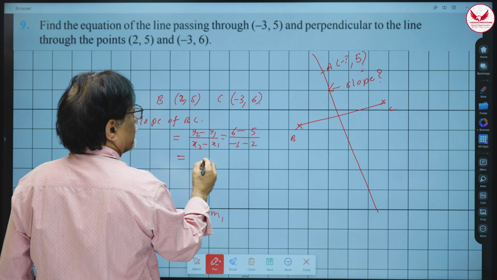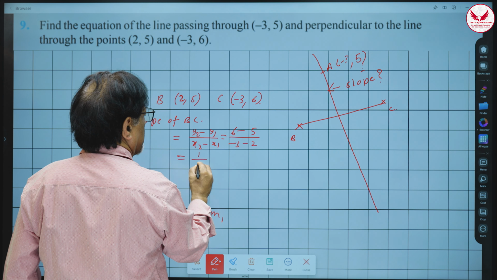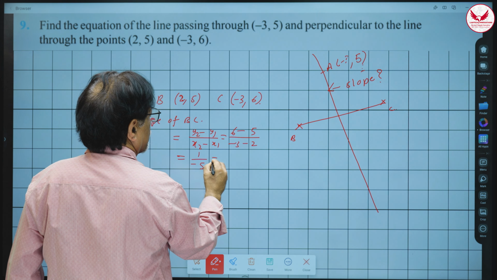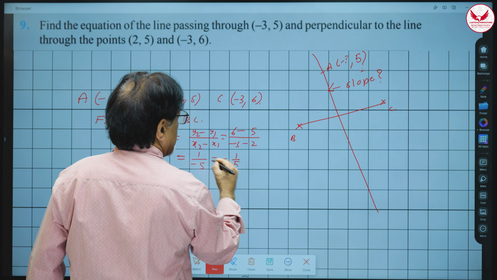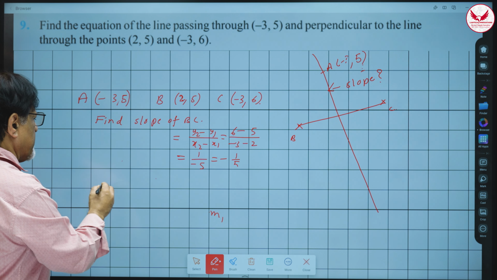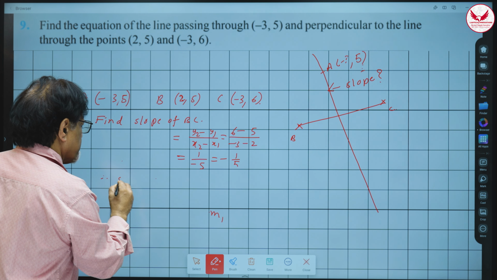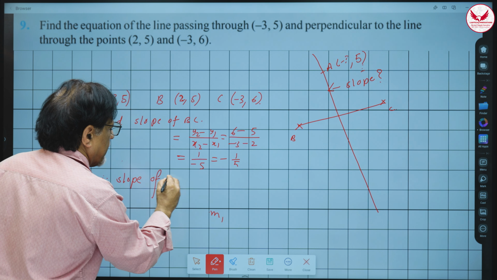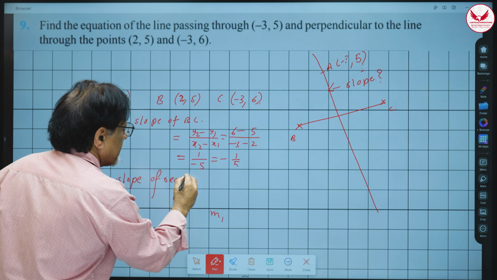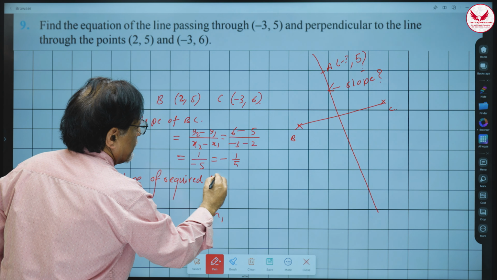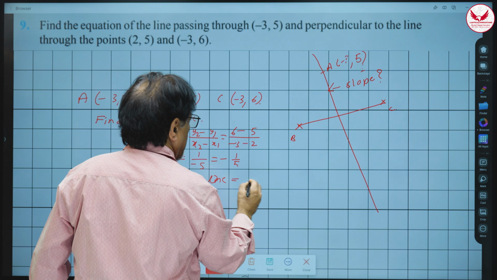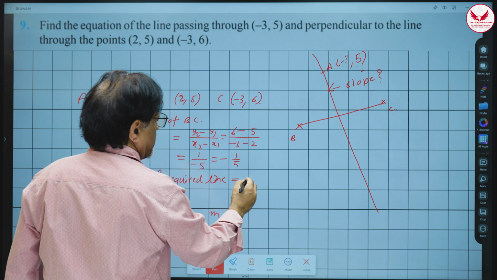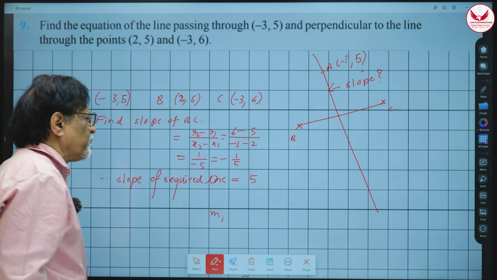That gives you 1 upon minus 5. So the slope of BC is minus 1 upon 5. Therefore, the slope of the required line, which is perpendicular, is the negative reciprocal.